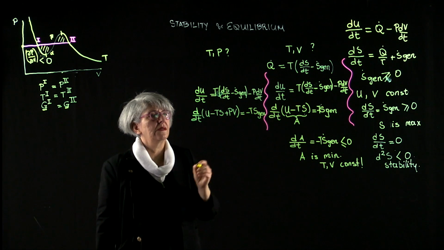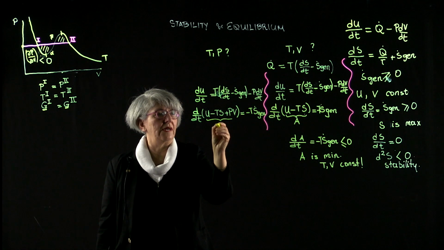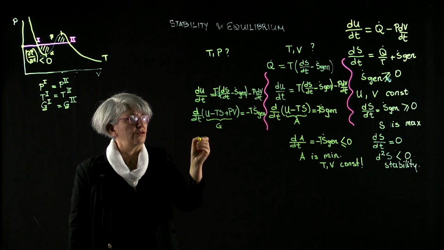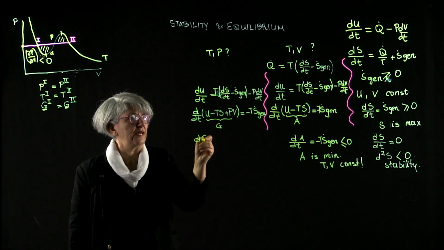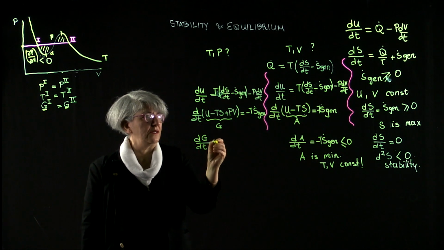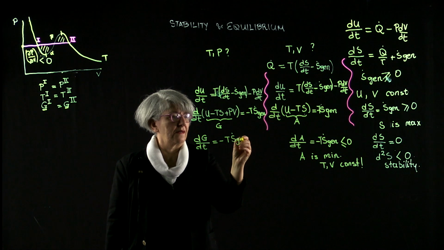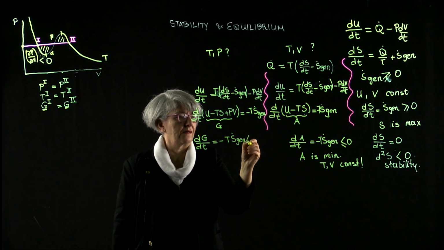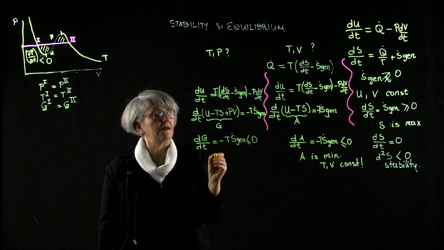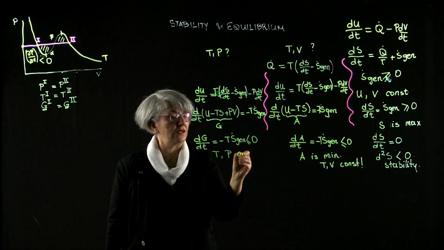All right. And this term has already been defined as the Gibbs free energy. So we have a new set of equations under the conditions of constant temperature and pressure.